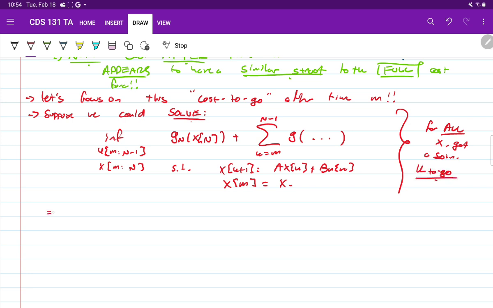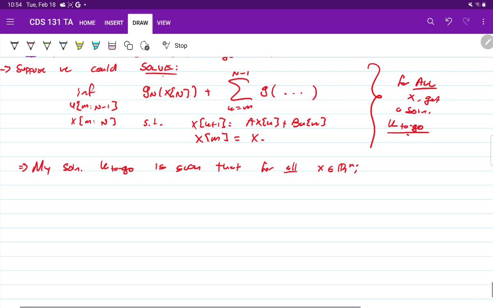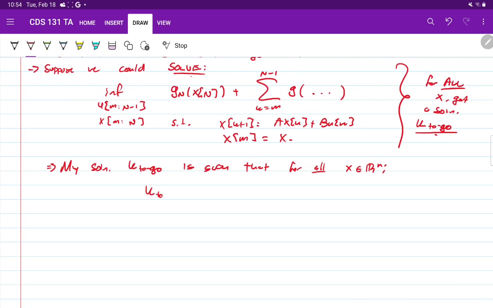Let's say that my solution, K to go, is such that for all possible states, for all x in R^n, I have that K to go of x at time k is optimal for k equal to, let's say, m all the way until time N minus 1.